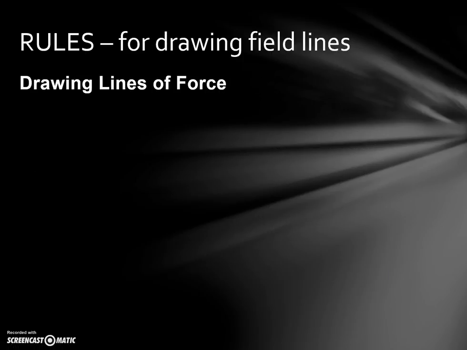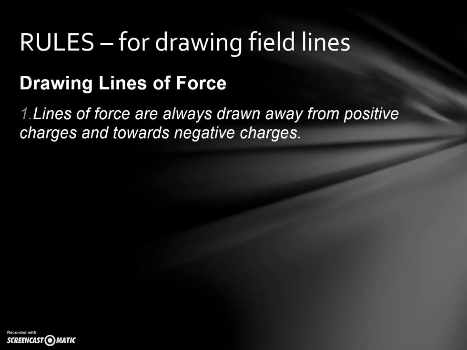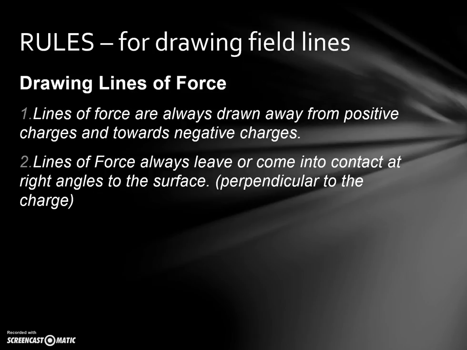Now there's a few rules we have to bear in mind if we're ever going to draw some lines of force. Rule number 1 is that the lines of force are always drawn away from the positive and towards the negative. So that's the main one. Secondly, lines of force always leave or come into contact at right angles to a surface.